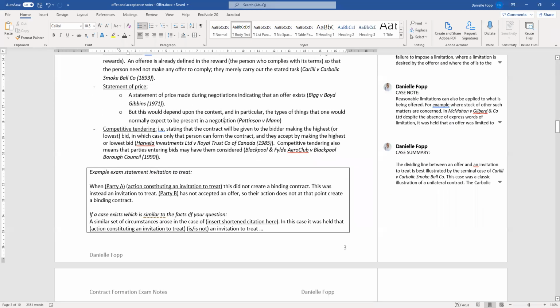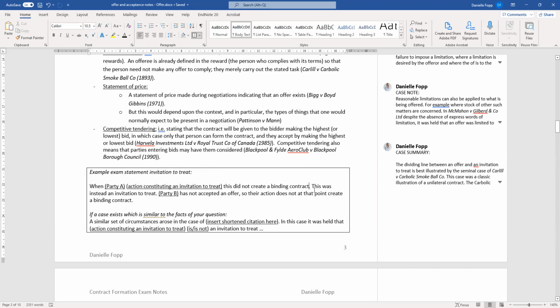What I also think is really valuable for students to do when they're writing up their exam notes is have a little example exam statement. So here I've got when, and then you would put in the name of party A from the facts, and then you would include the action constituting an invitation to treat. So when they did X, Y, and Z, this did not create a binding contract.